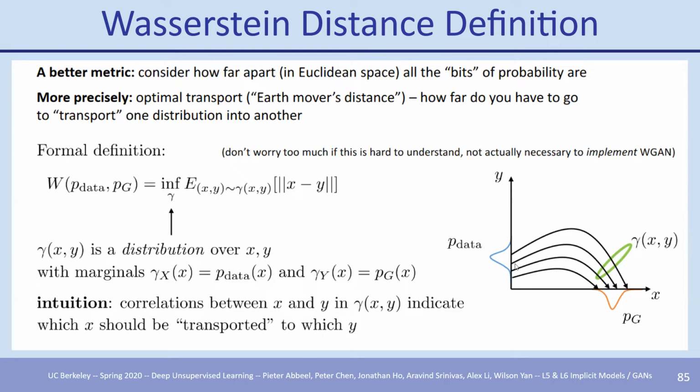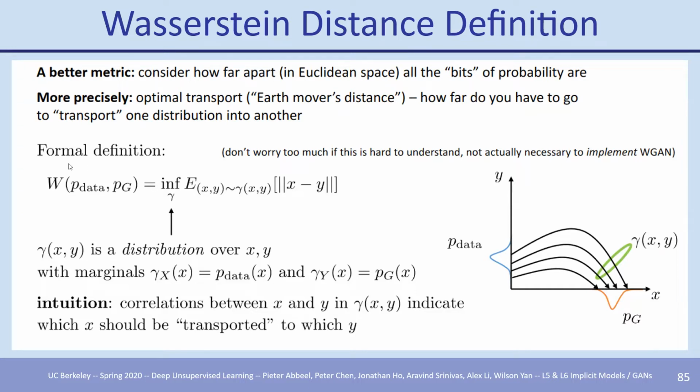So we'll have to find the exact distribution, whose marginals are x and y, where the difference between all of them is exactly the minimum. We'll find this perfect one that maps each one to the other, with the minimum amount of effort to turn this distribution into the other distribution.